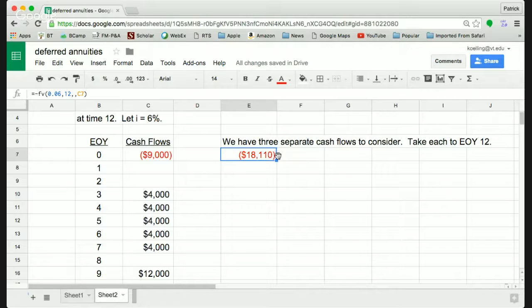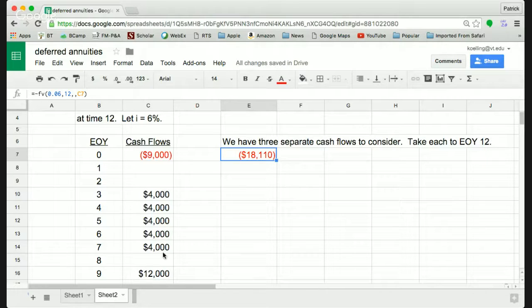That's really close. So you should be able to eyeball this and say, that looks about right. If it's 12 years and 6%, it should be about twice what the original value was. And it is. So that represents the equivalent amount for the negative 9,000.